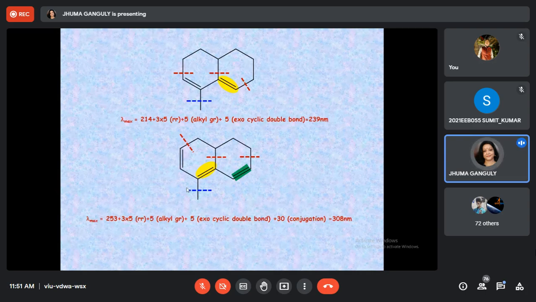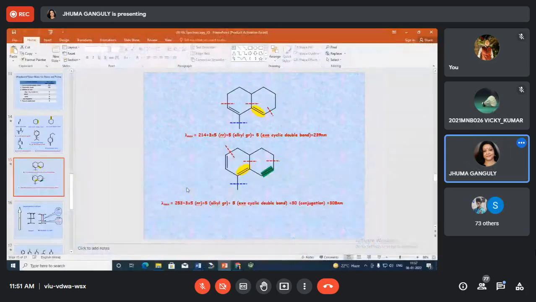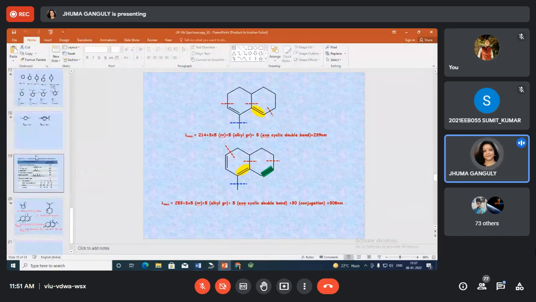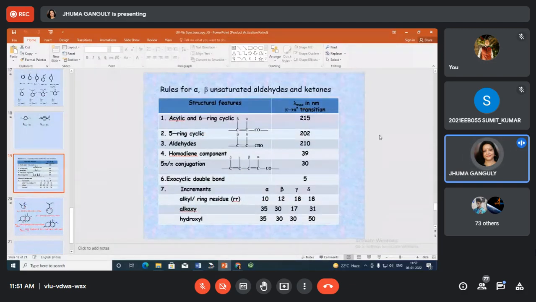Okay, so now next we will go for the solvent, and another rule, this is for unsaturated aldehyde and ketone, non-bonding part. So a diene system has no non-bonding part.